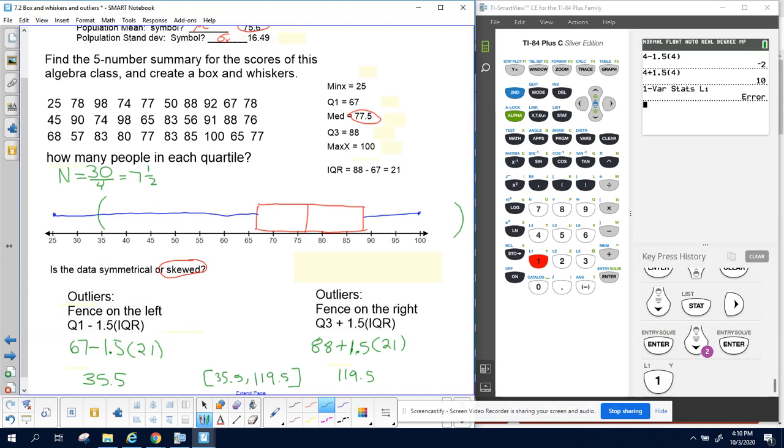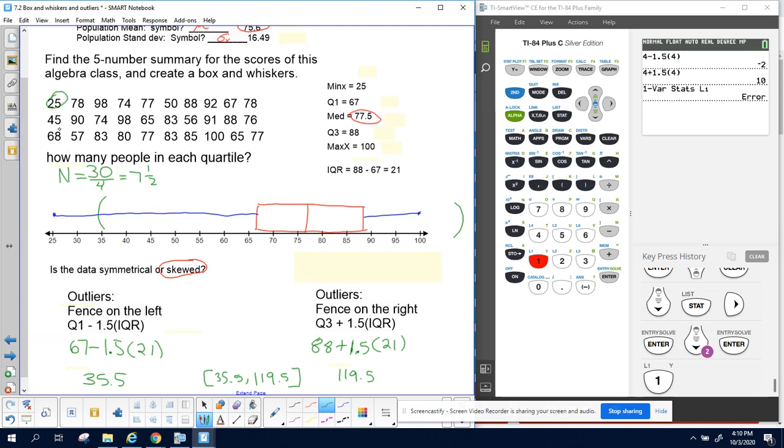So if I go find the numbers that are lower than 35.5, here's one right here. If I figure out that that student was absent a lot because they were sick, that might be a specific reason why I would recalculate my information and not use that number. I don't think there's any other students in here that are lower than 35.5, and we know there are no students up in this top range above 100%.